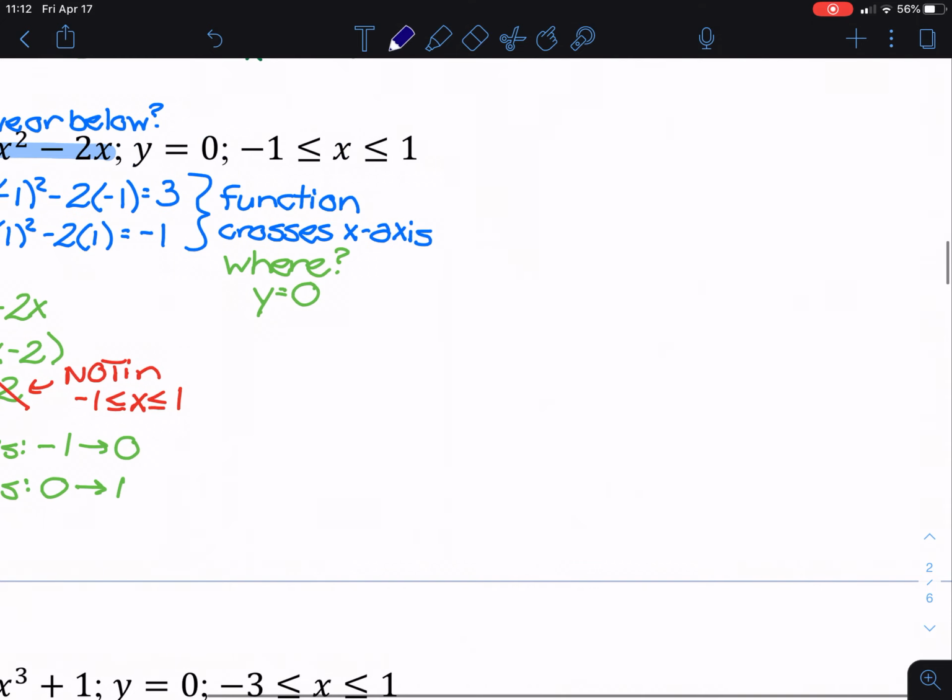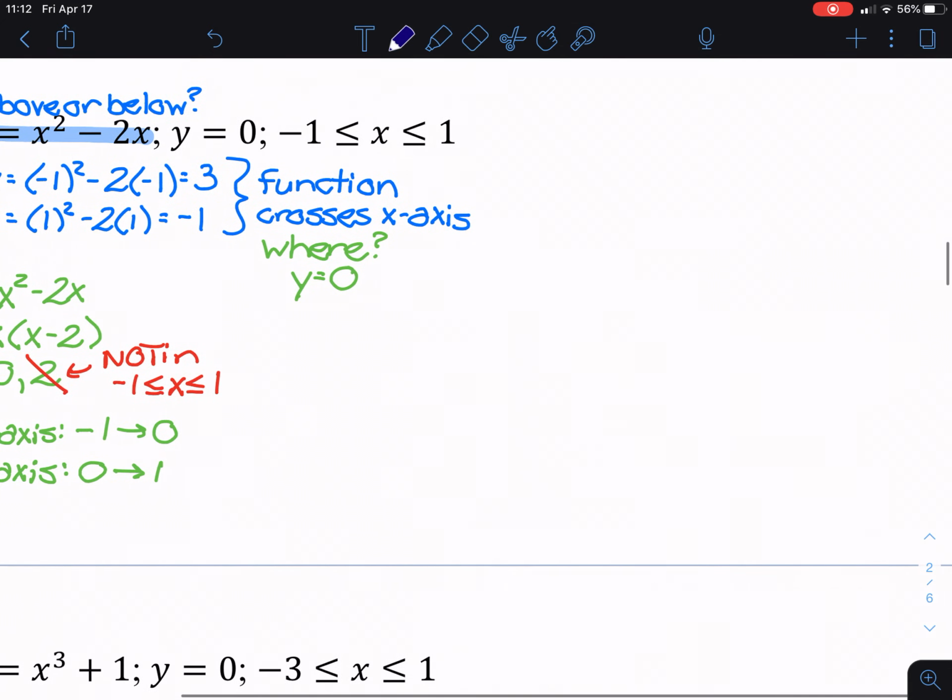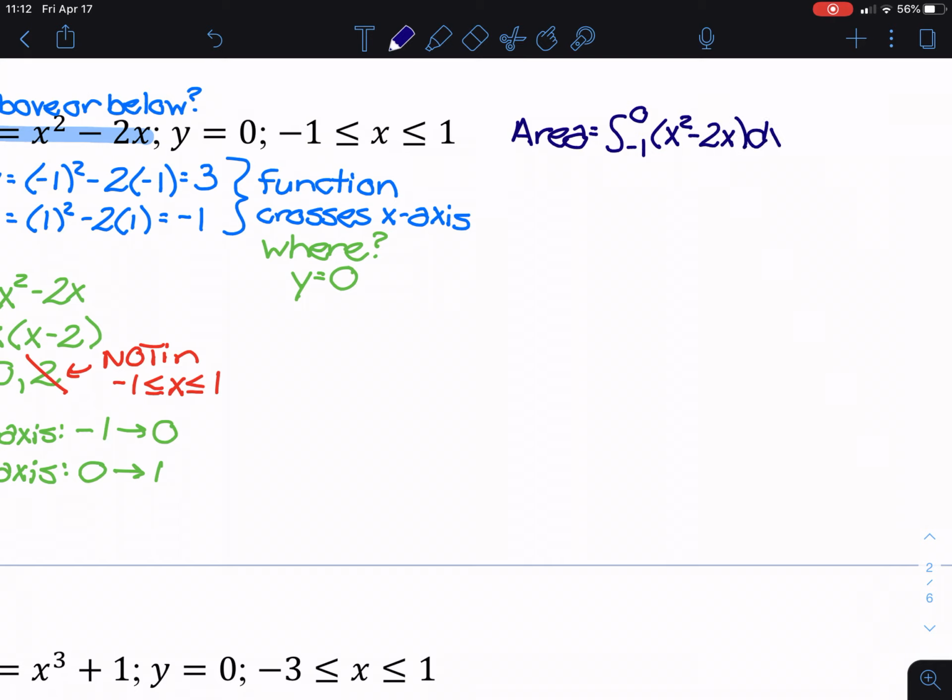So here's what we're going to do: our area is going to equal, where I'm above the x-axis, the integral from -1 to 0 of my function x squared minus 2x dx, okay? And then for where I'm below the x-axis, I'm going to do like I did in the previous example.